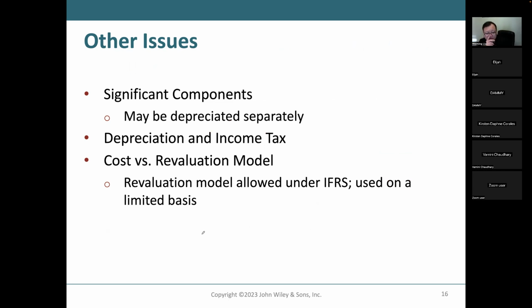Some other issues, including significant components. When you think about the asset, one asset can have different components. For example, for an aircraft, one component would be the engine, right? Another component would be the cabin, where the passengers are seated. Think about these two components of the same aircraft.